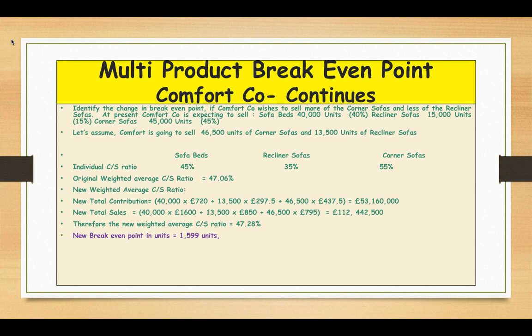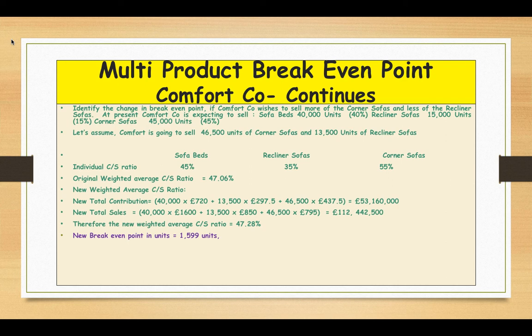Now the new break-even point is going to be fixed cost, 850,000, divided by the contribution per unit, which is 531.6, because our total contribution is 53,160,000 divided by 100,000. So our weighted average contribution per unit is 531.6 pounds.